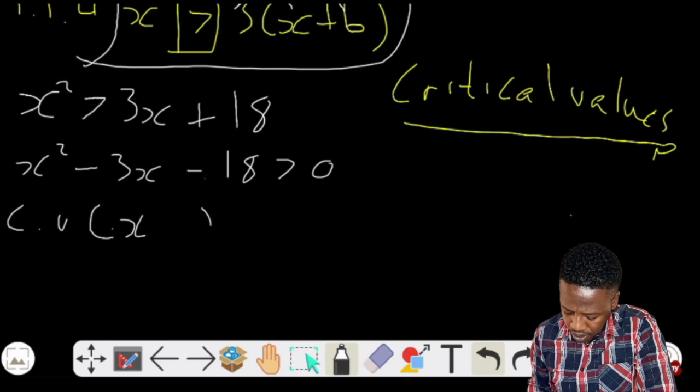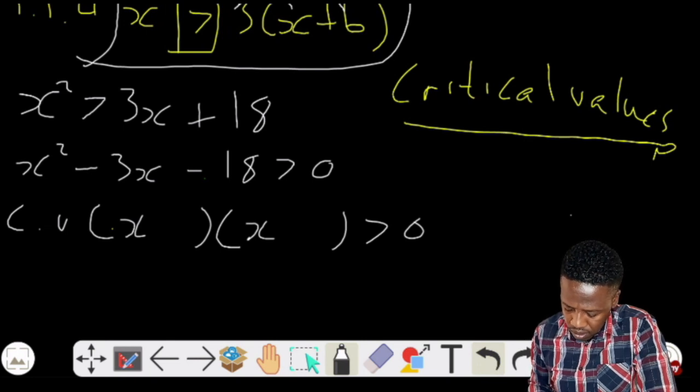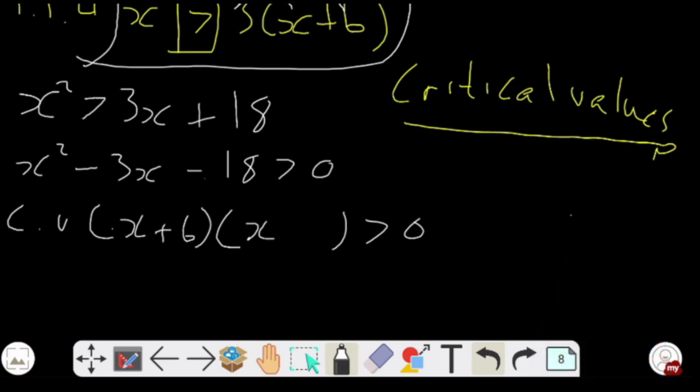We are going to have x greater than 0, and then we are going to have minus 6 plus 3.